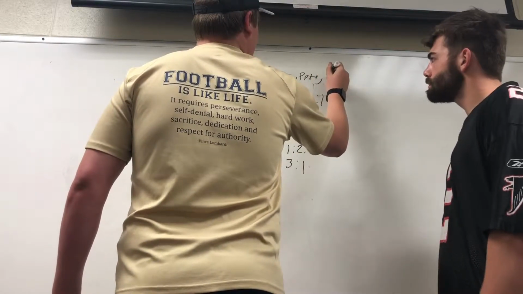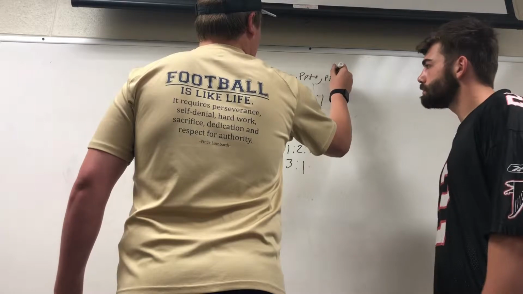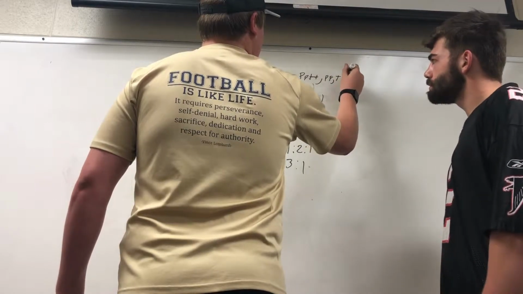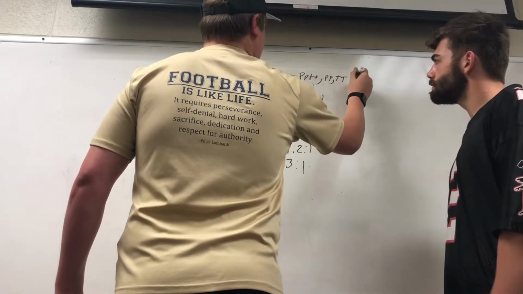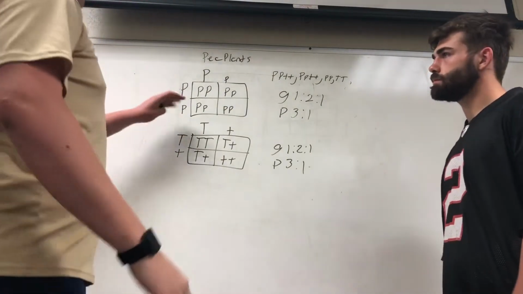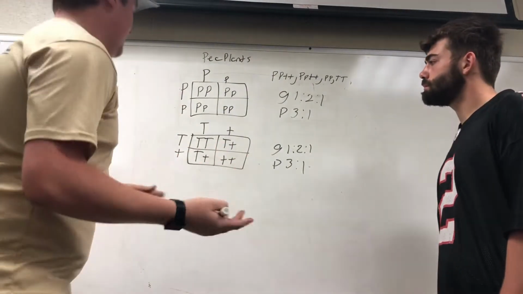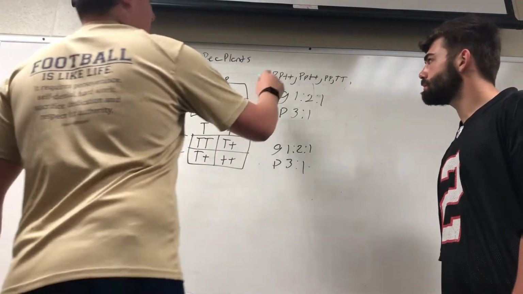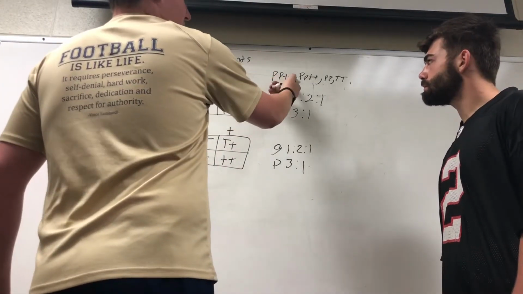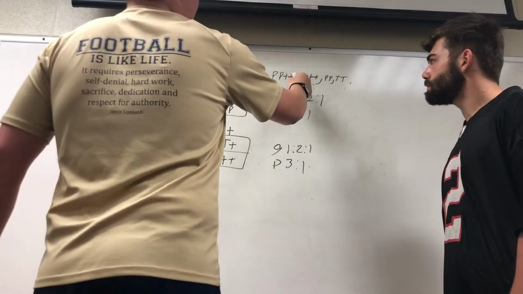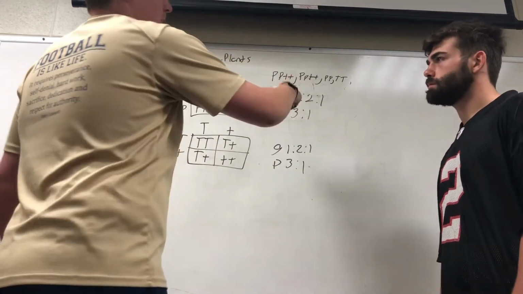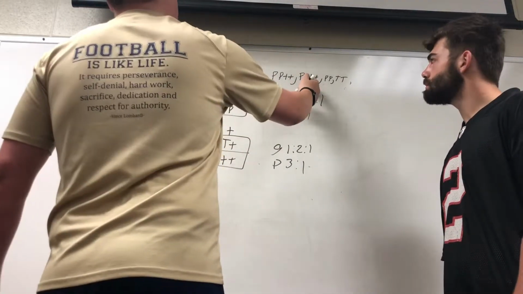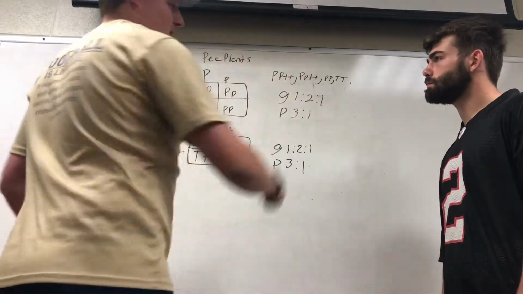We could have small p, big T, big T, and so on and so forth. You're just matching genes to what could happen. So you could have a tall with a purple flower, or a tall with a short in this case, or a tall heterozygous with a recessive on the short gene.